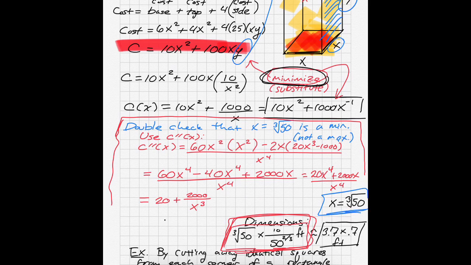So I'm thinking, okay, well, here's my x value now, right? But look at my second derivative here. So if I plug a positive value of x in here, I'm going to get a positive number, right? So that means my graph is concave up for all positive values of x.